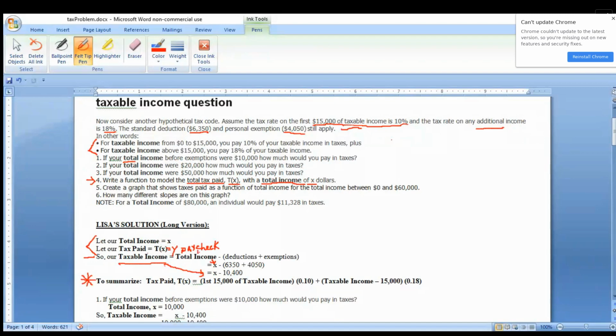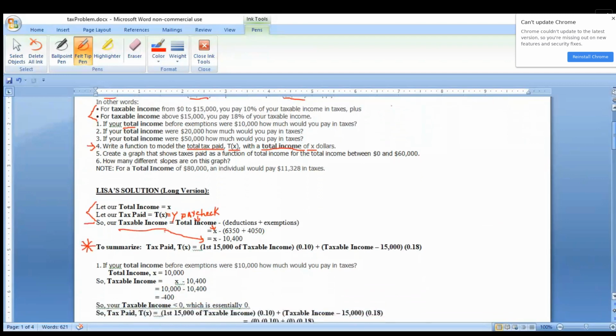So paycheck is your total income, and our taxable income is just our total income x minus our perks, x minus 10.4. So if I wanted to summarize what my total tax paid would be, this is how I would say it to myself. My tax paid, or my t of x or y, equals the first $15,000 of my taxable income taxed at 10%.